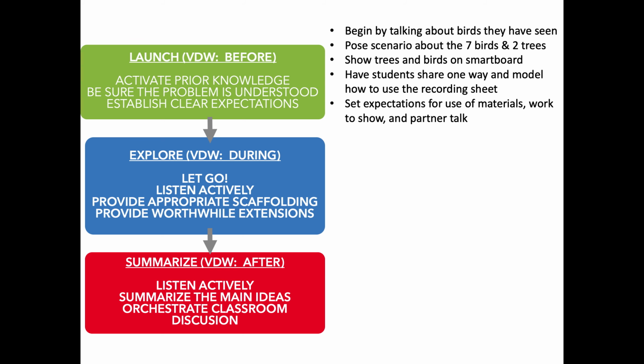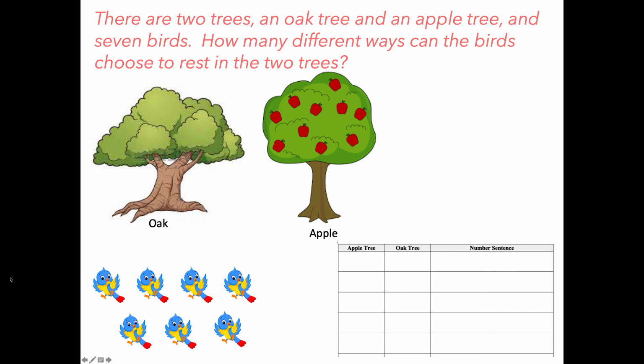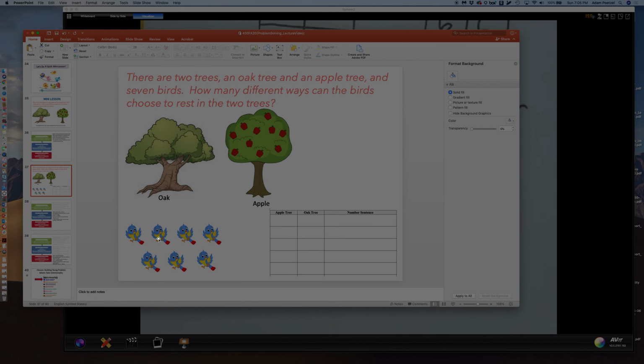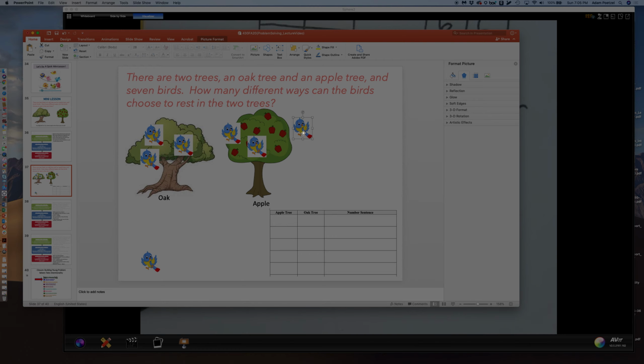To clarify that, maybe on my smartboard, I'm going to shrink my screen down just for a second, to have one student come up as an example and choose how they want the birds to nap in the trees. Maybe that student chooses to put 3 birds in the oak tree and 4 in the apple tree. Of course, I can have my students tell me that, answering the questions. Then I'm going to tell them that to keep track of the napping birds, we're going to use our chart.